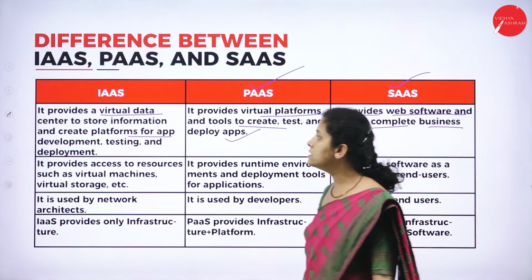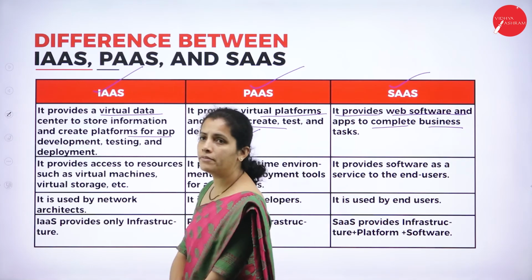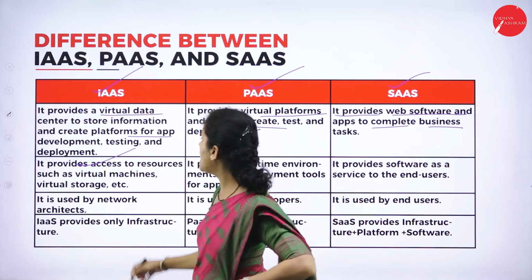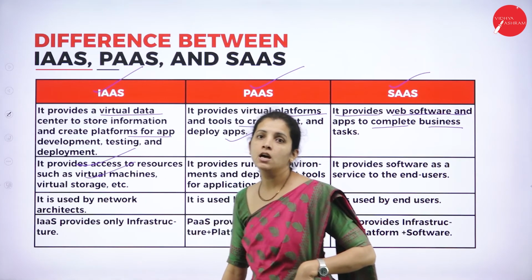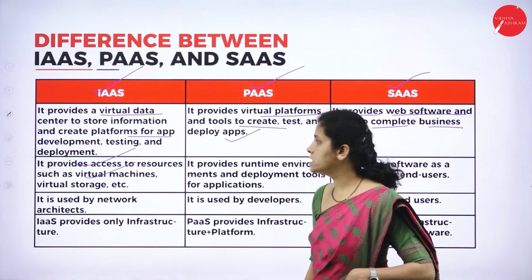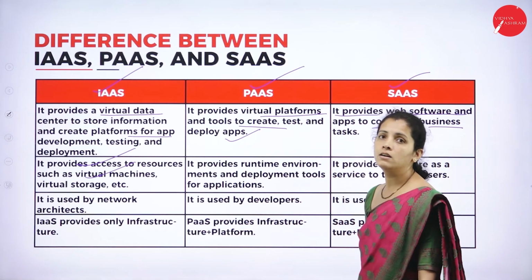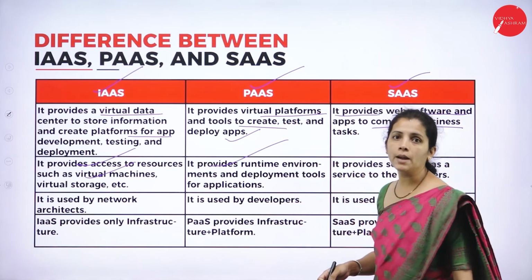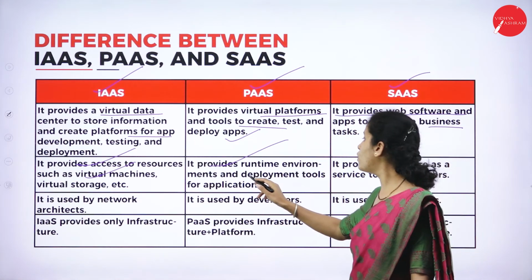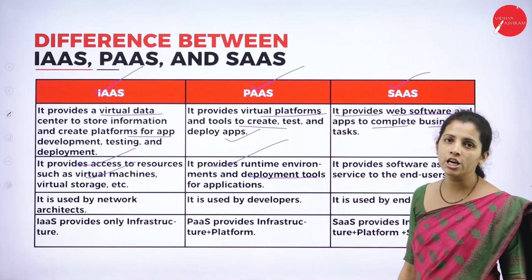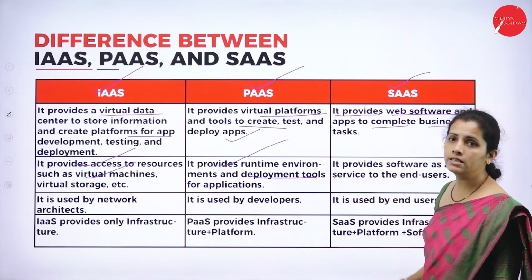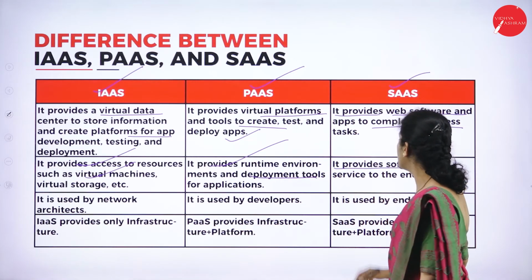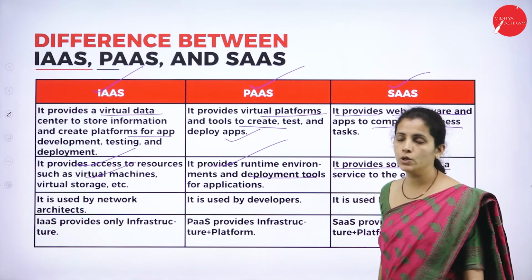IaaS provides access to resources such as virtual machines, virtual storage, etc. PaaS provides a runtime environment and deployment tools for applications. And SaaS provides software as a service to the end user.